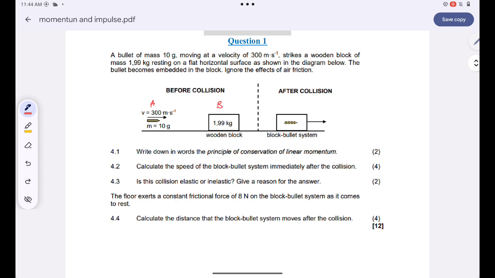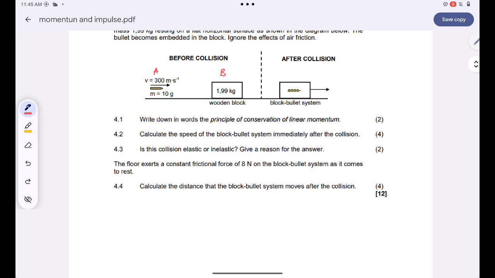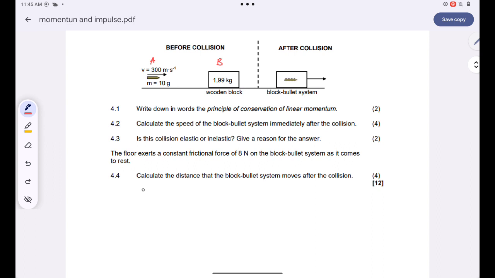Before collision, the bullet and the block were separated, but after collision, they became one system. So we can simply say the sum of the momenta before is equal to the sum of the momenta after. This statement is true because we have an isolated system.